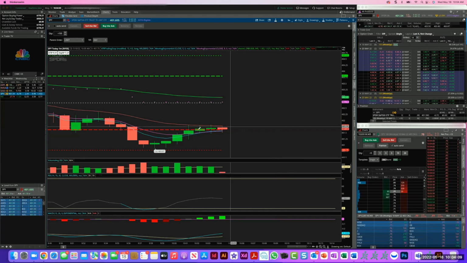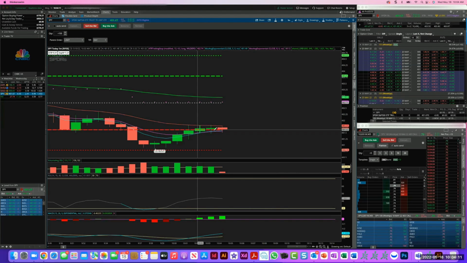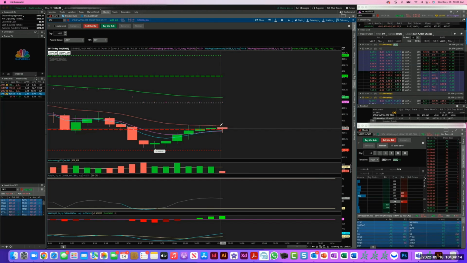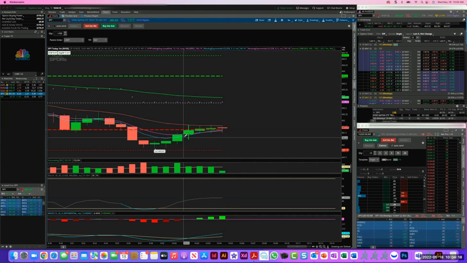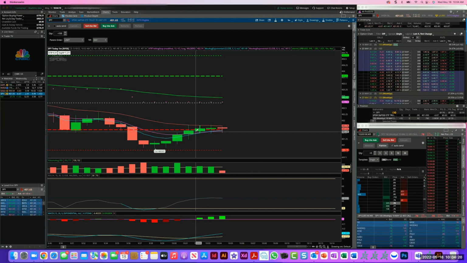All right, so we're struggling with the opening range low. Looks like we are going to clear it. We need to get above the 20-day EMA.